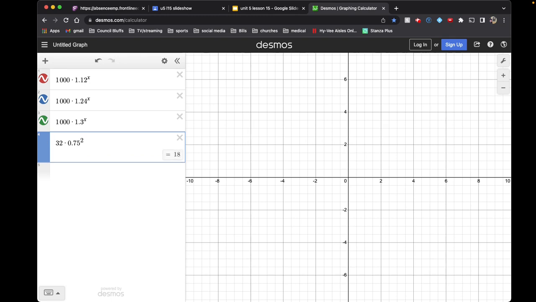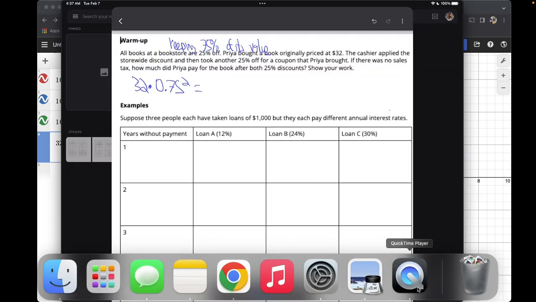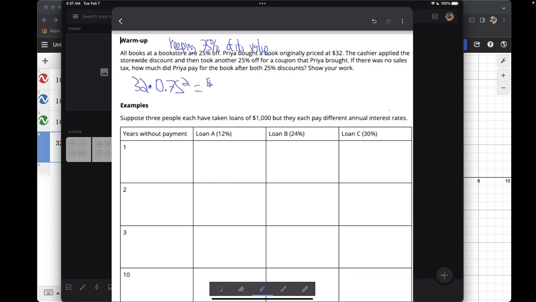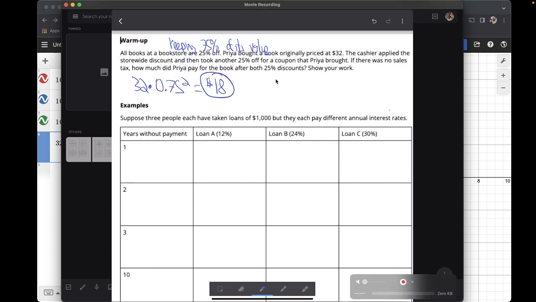So we can see that after those two discounts, the $32 book is now $18. So that would be how much Priya pays for the book. Again, we have to use the fact that they took off 25%, which means it's keeping 75%. Okay. So that's it for the warm up.